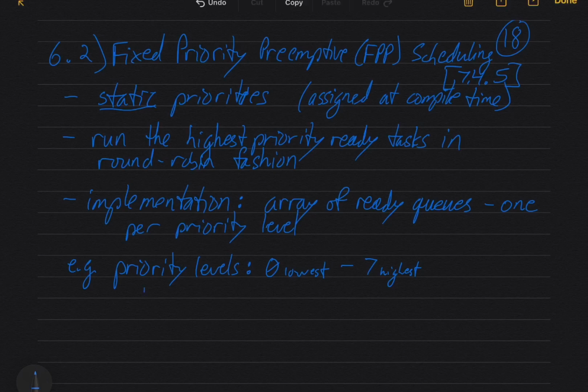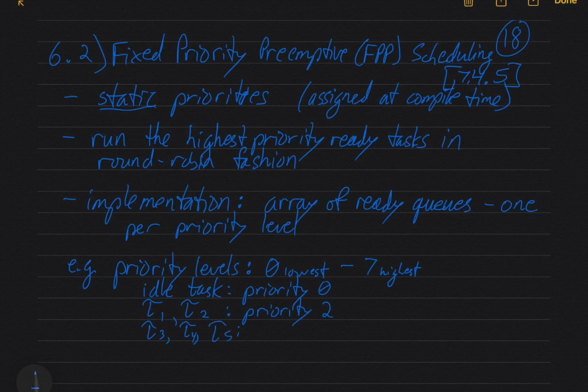And let's just say in our scenario we have the idle task, and it has the lowest priority, so priority 0. And then let's say that we've got task 1 and task 2, and they have priority 2. And say tasks 3, 4, and 5 have priority 5.